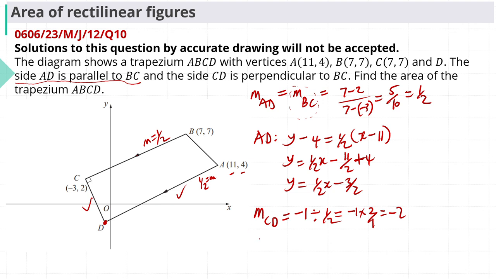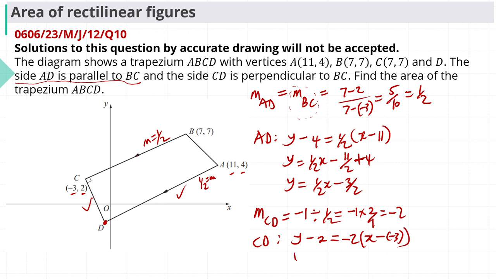So now let's proceed and find the equation of line CD. y minus y1, now the y1 is 2, equals gradient minus 2 multiplied by x minus x1, and the x1 is minus 3.